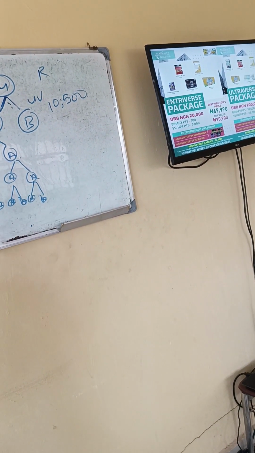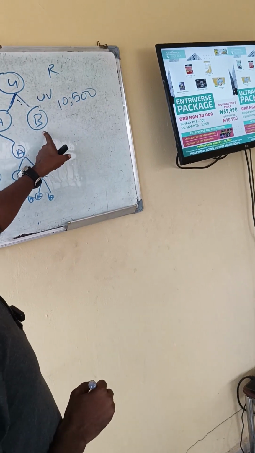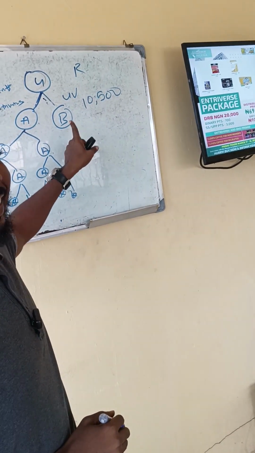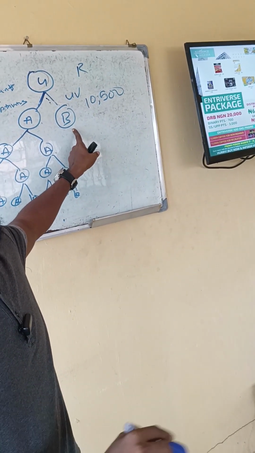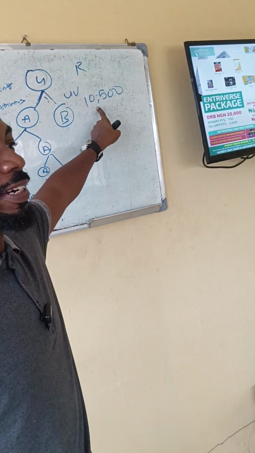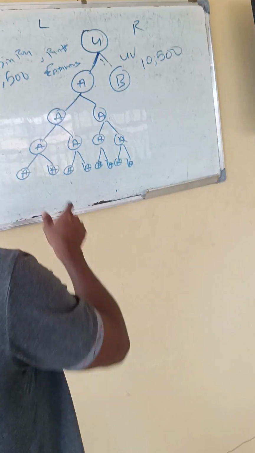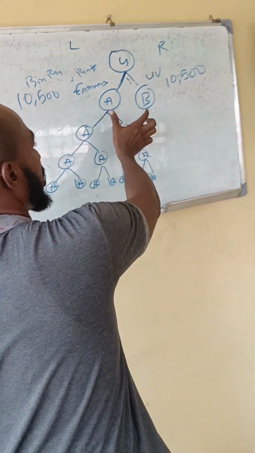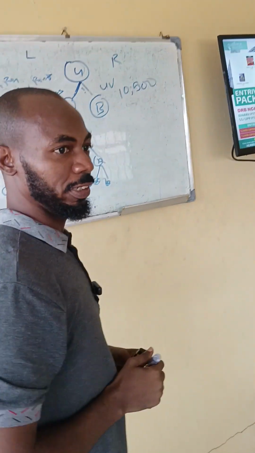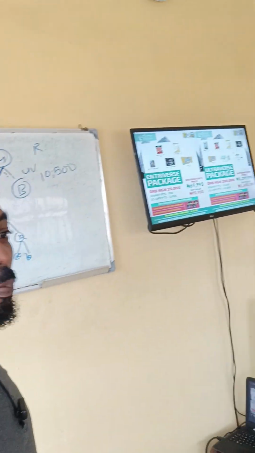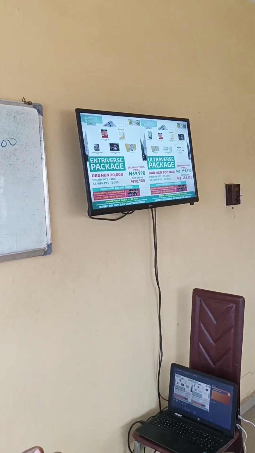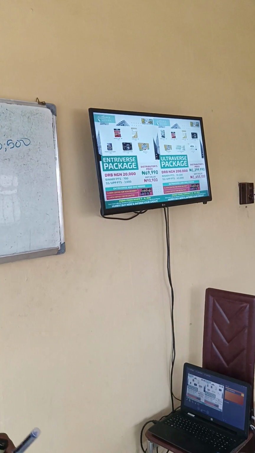And then this person did Ultra Verse, and this is 31 accounts. But the binary points is how much? 10,500. So it simply means that this 10,500 will match out this 10,500, isn't it? So you are only going to match how many times? 15 times.